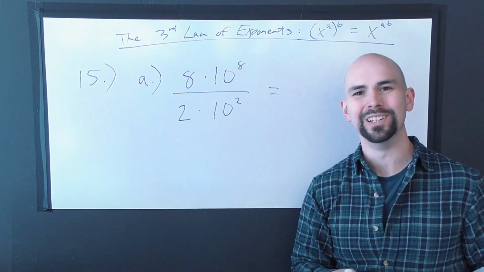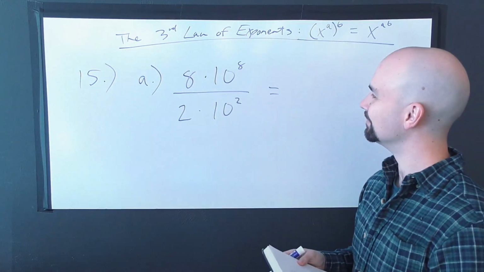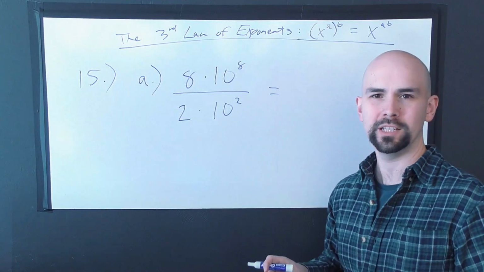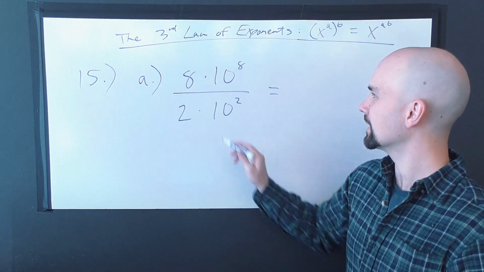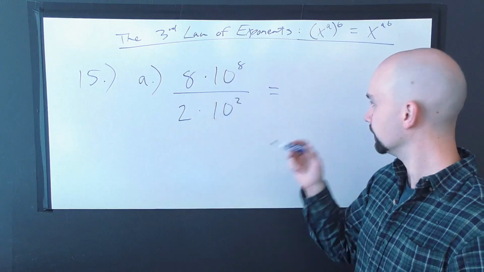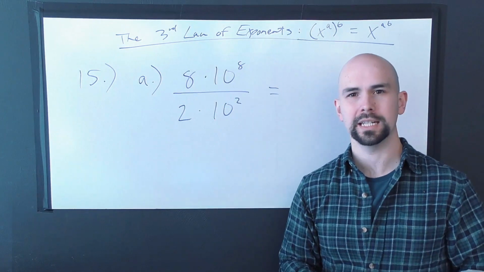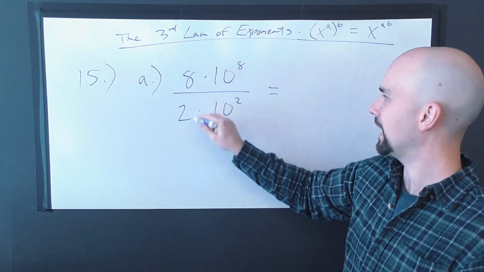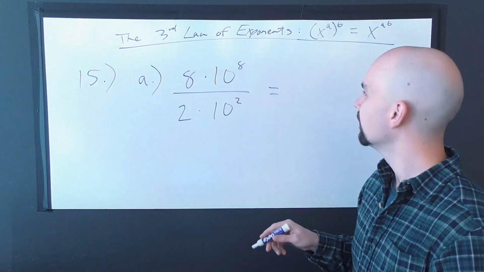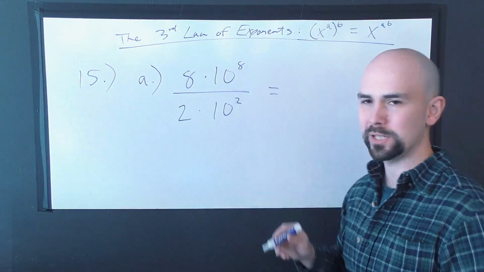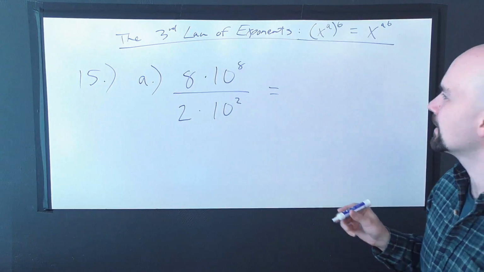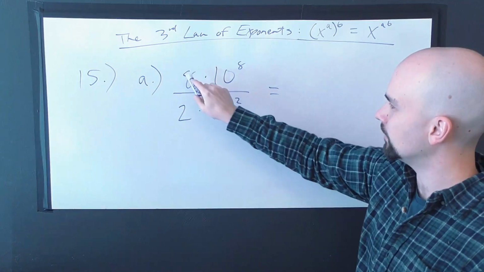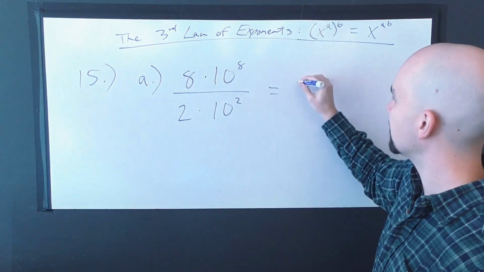All right, so what do we have here that's new? Here we've got a total of 3 different bases, 8, 2, and 10. So can I subtract the powers of 8 and 2 from each other? No. But can I subtract the powers of 10 and 10 from each other? Yes, because they have the same base. So I'll just deal with these two first. What's 8 divided by 2?